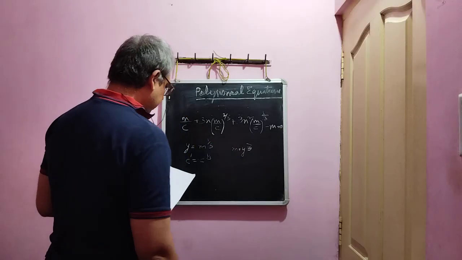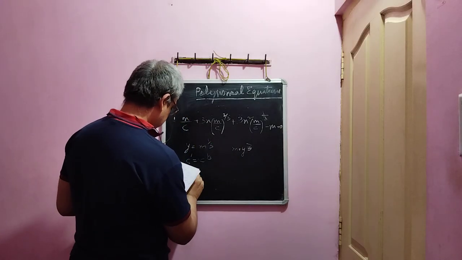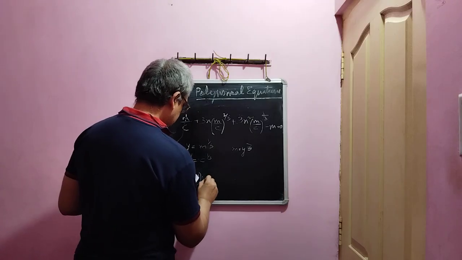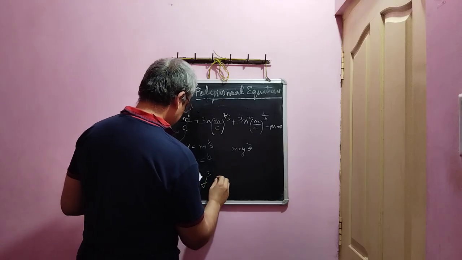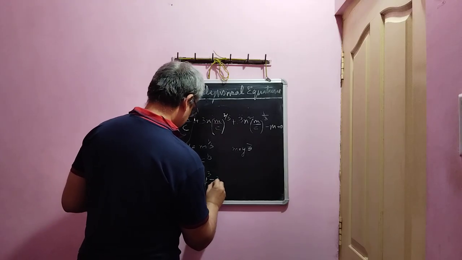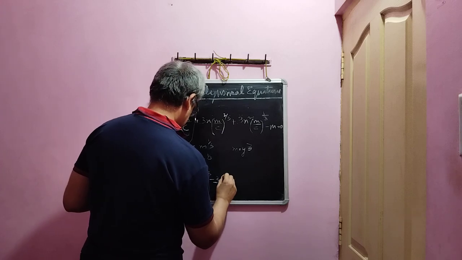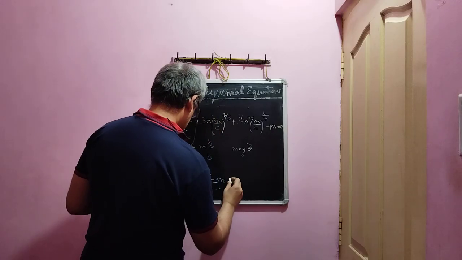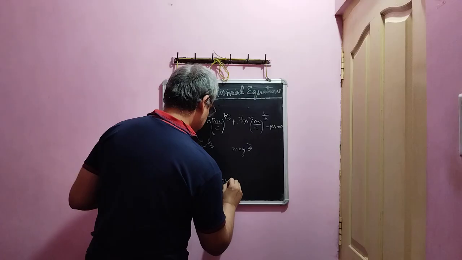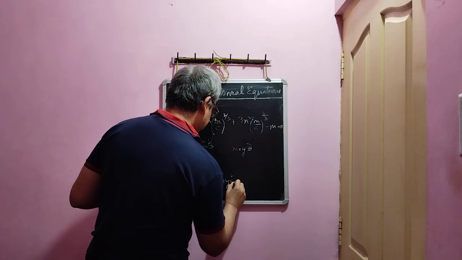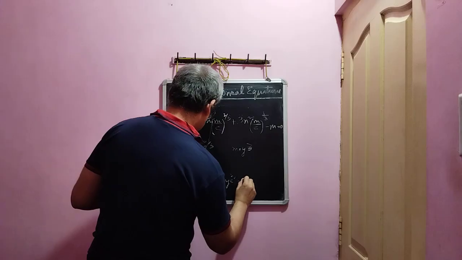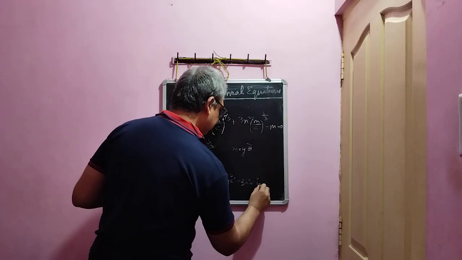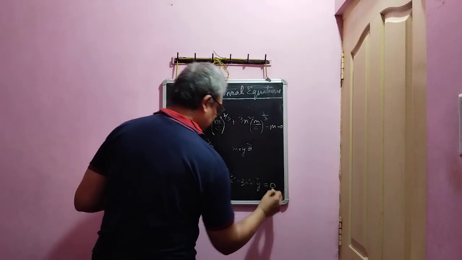Now, after doing that, cross multiplying and all that, you will get the following equation: c dash minus 1 times y cube minus 3n c dash y square minus 3n square c dash square y is equal to 0.